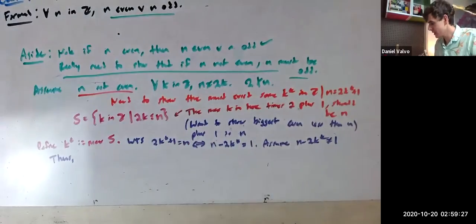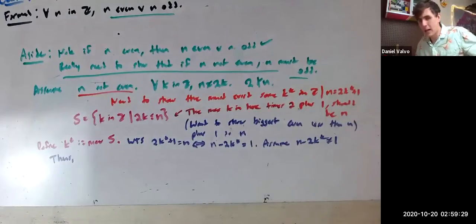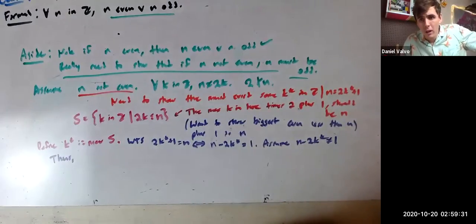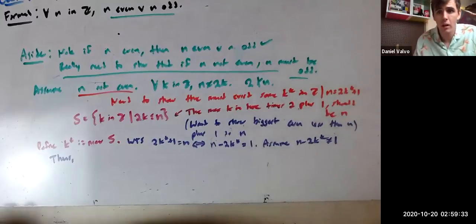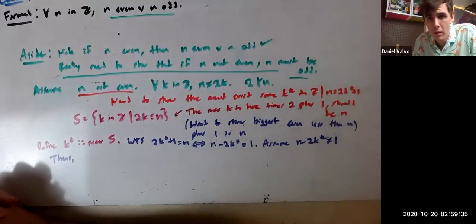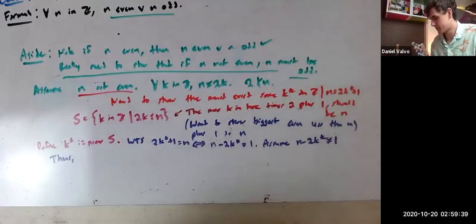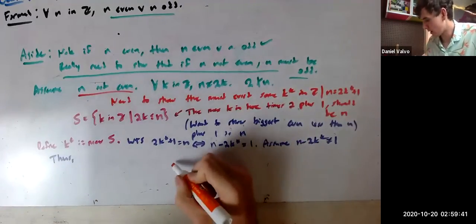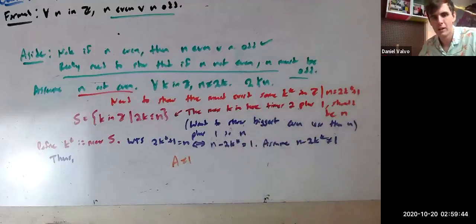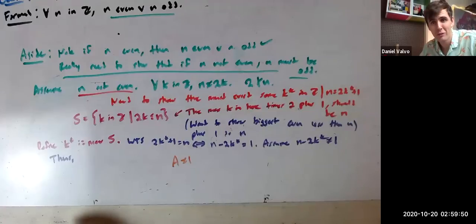Thus, if n minus 2k star does not equal 1, what does it have to be? For example, if a does not equal 1, what does a have to be? What can we say about it in relation to 1?